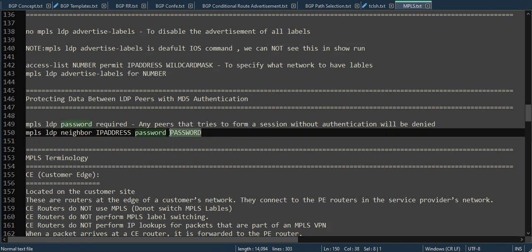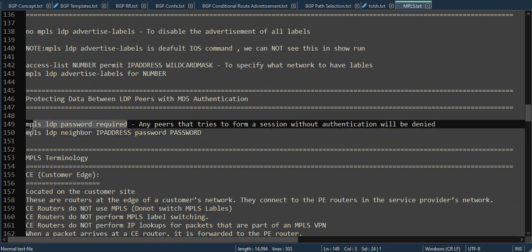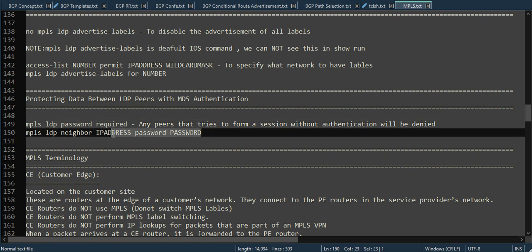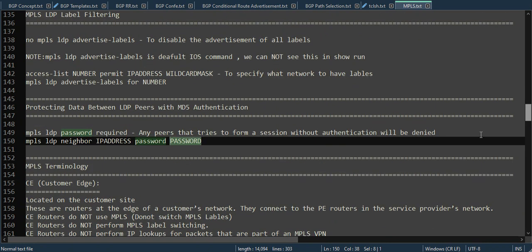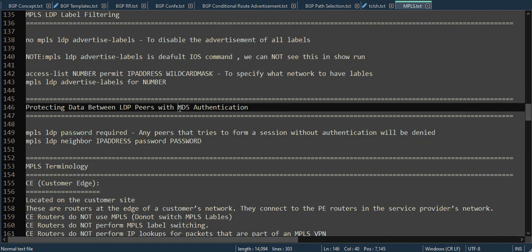This will make MD5 authentication between LDP peers. These two commands: first password required, then specify our password between two LDP peers. This is how we can use MD5 authentication between our LDP peers.